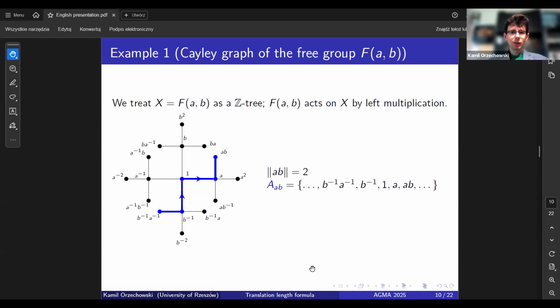The vertices in blue are moved by AB according to the arrows by 2. The translation length equals 2. And the axis is isometric to the integers, to the Z-tree Z.